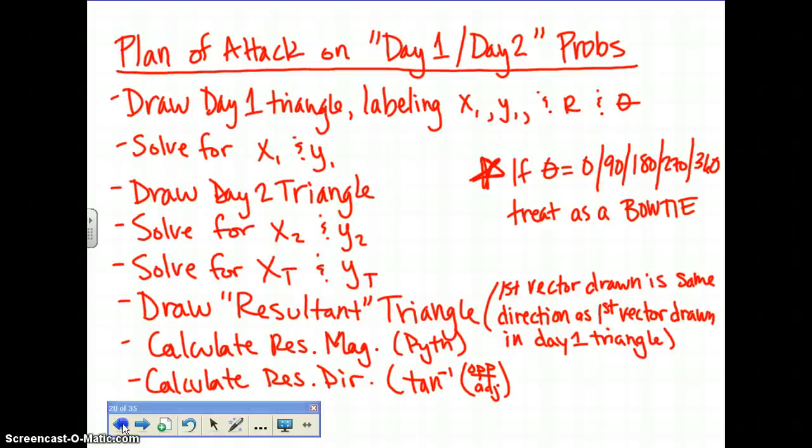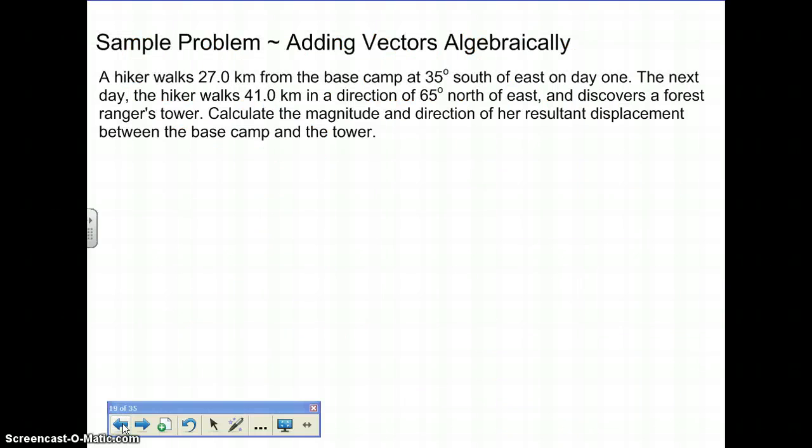Let's move through this together, guys. Okay, so this problem says a hiker walks 27.0 kilometers from the base camp. So I'm going to call this x1, 27.0 kilometers, and theta 1 equals 35 degrees south of east.